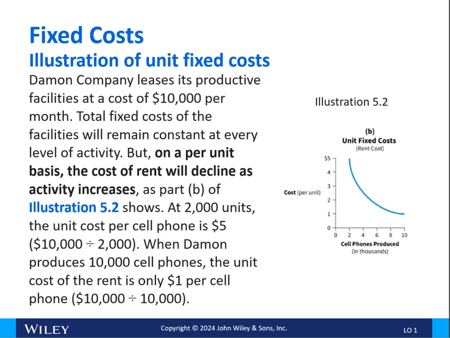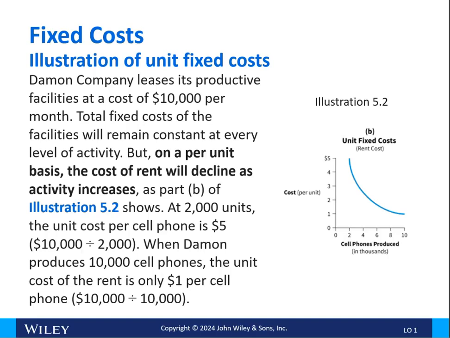If we looked at the per unit basis, the cost of rent will decline as activity increases. So at 2,000 units, the unit cost per cell phone is $5. So $10,000 rent divided by 2,000 units. When Damon produces 10,000 cell phones, the unit cost of the rent is only $1 per cell phone.